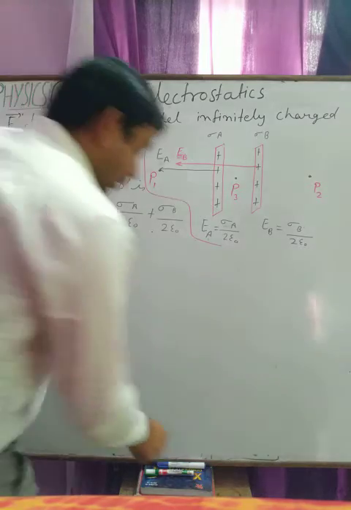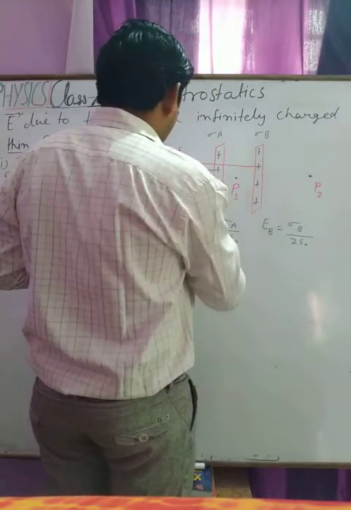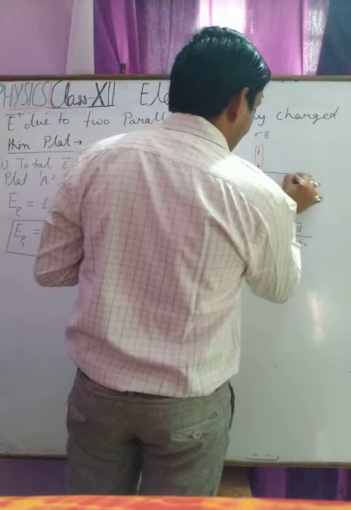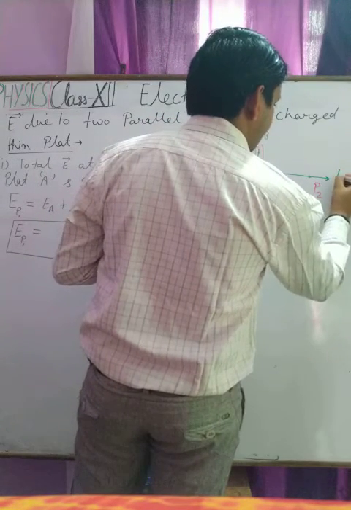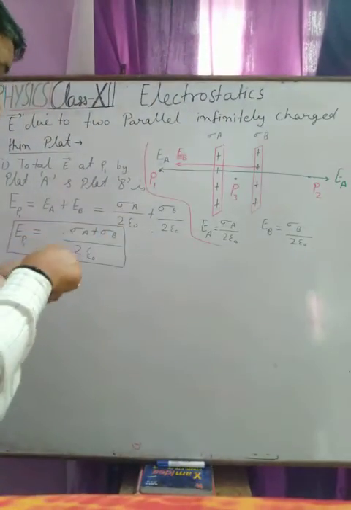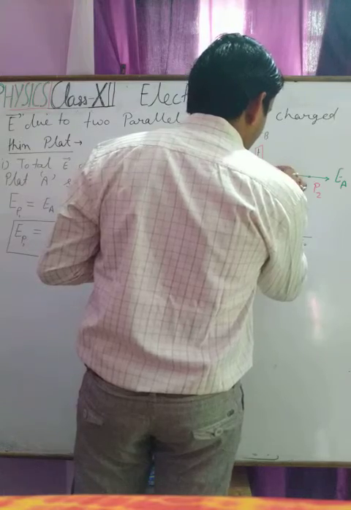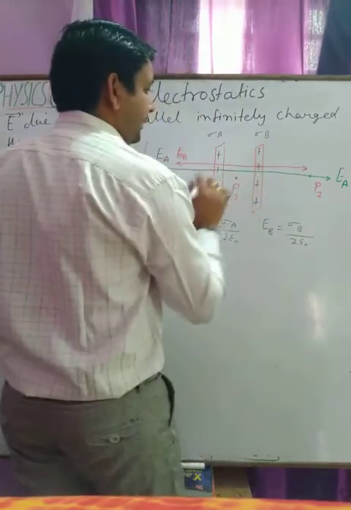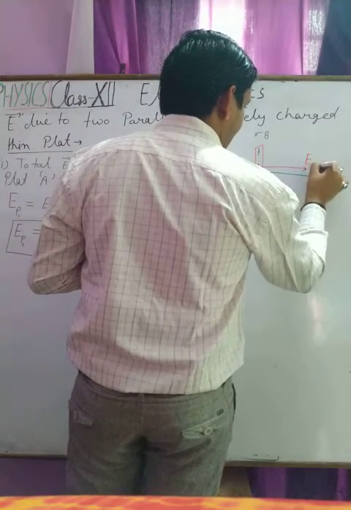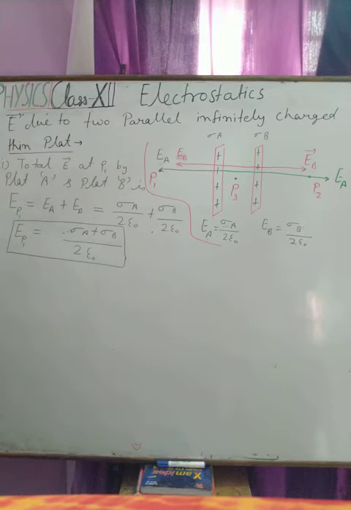Similarly, we observe the electric field due to plate A at point P2. This is in the direction of right, E_A, and due to plate B it is E_B in the same direction. So these two also add up.